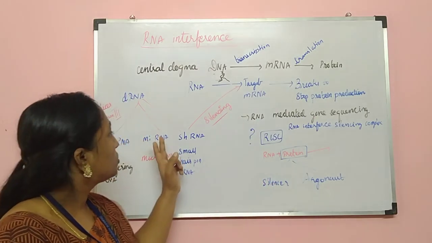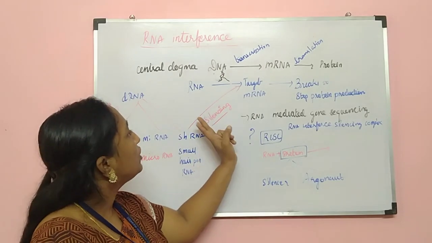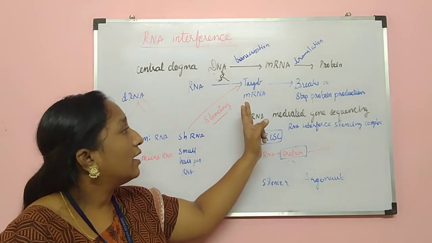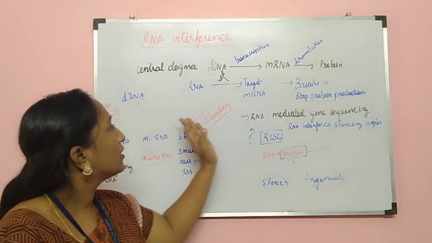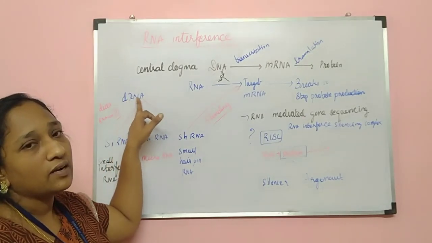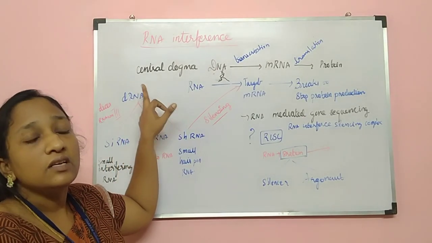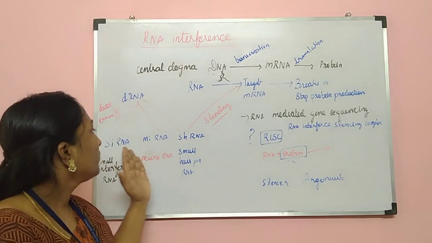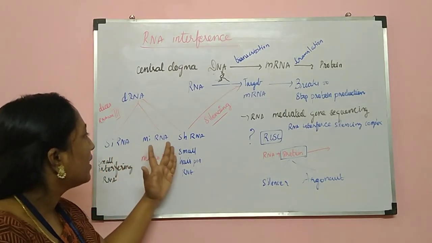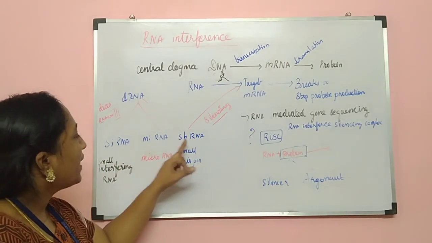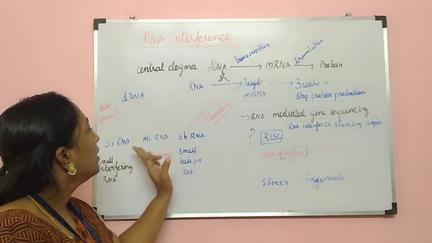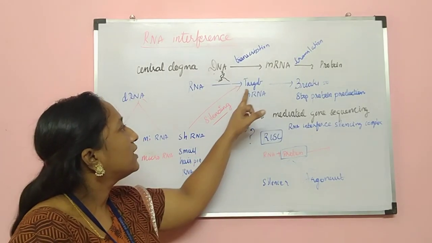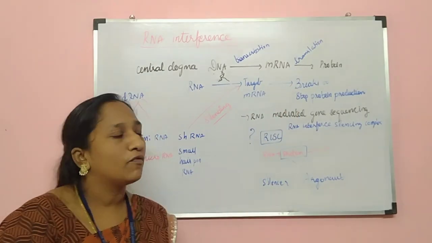Before that, we should understand that the silencing function is done by double-stranded RNA. It is a very rare case. If double-stranded RNA is formed, it is cut by the dicer into three types of RNA: siRNA, miRNA and shRNA. Based on the shape they got their names. These RNAs silence the mRNA and stop the production of protein.